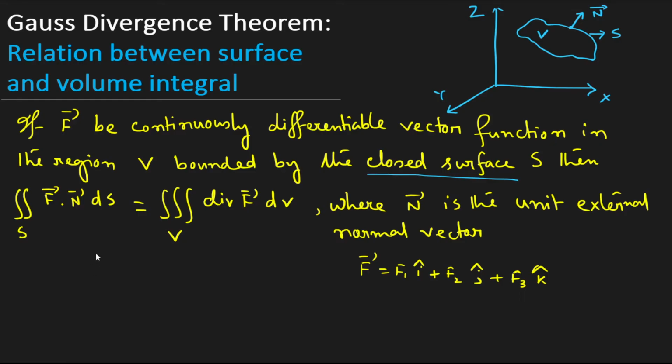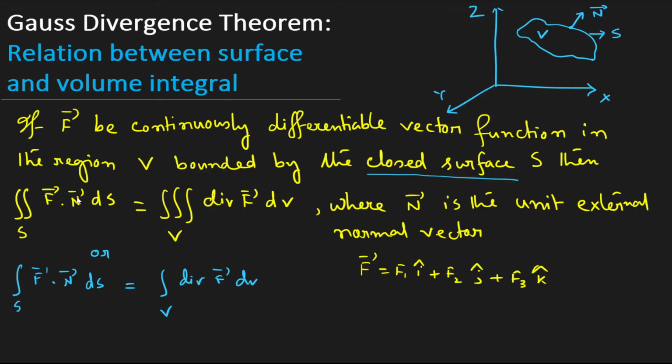In some books you will see it with just one integral sign: integration over S of F bar dot N bar dS is equal to integration over V of div F bar dV. The meaning is the same. If it is over V, it means a triple integral. If it is over S, that means a double integral, a surface integral.